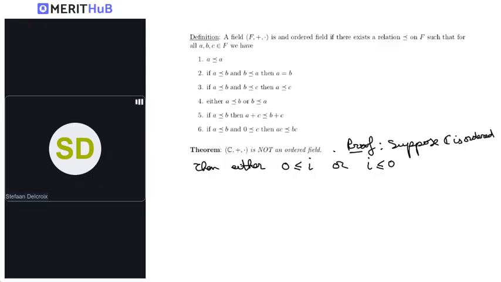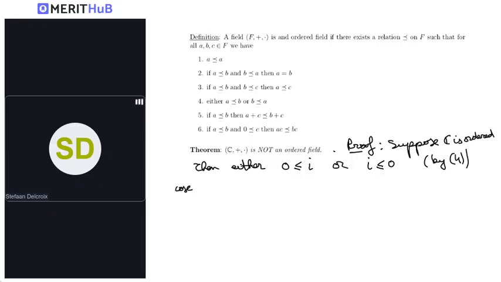Which of those six properties tells us that either 0 is less than or equal to i, or i is less than or equal to 0? Ah, by 4. So we gotta do two cases.